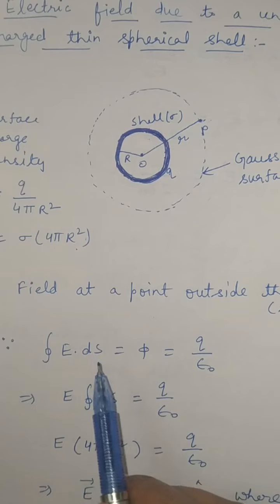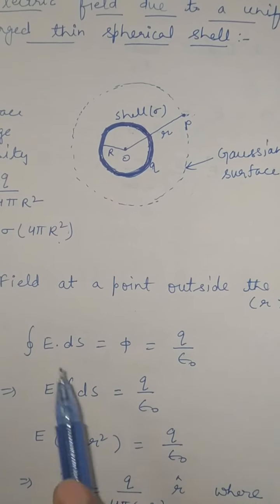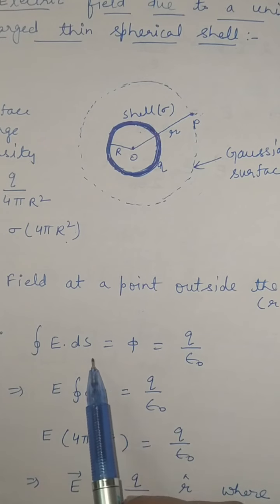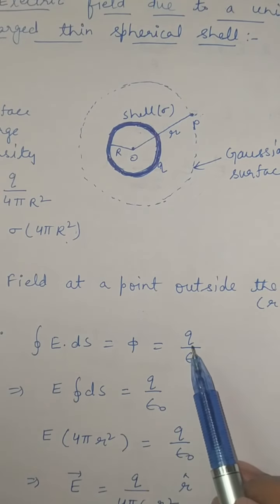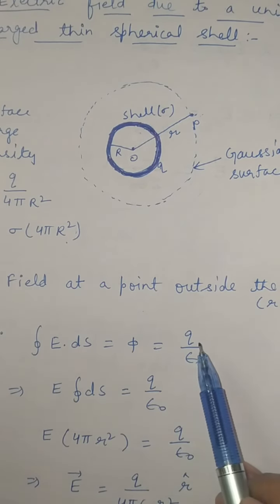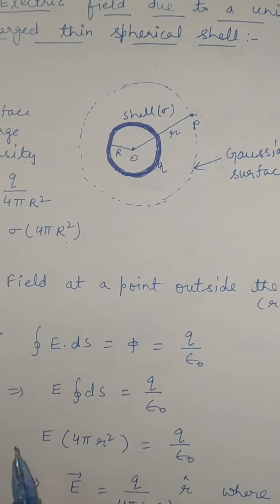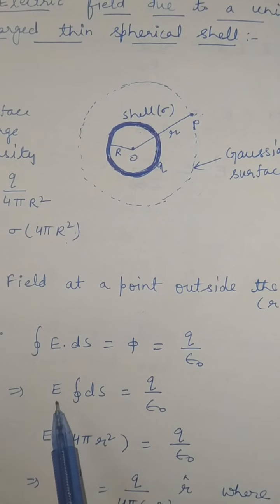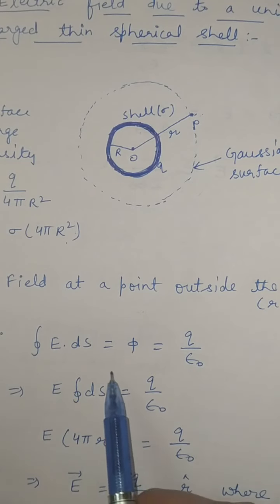By Gauss's law, we know that the total flux phi is equal to the integral of E dot ds, which will be equal to 1 upon epsilon naught times the charge enclosed. The electric field is uniform, so I have taken E outside the integration.